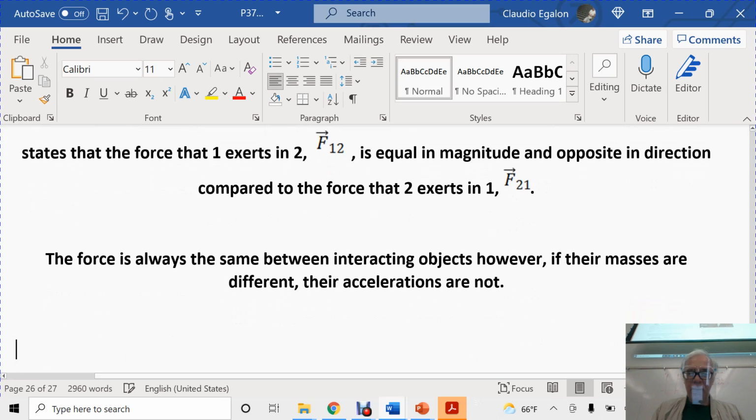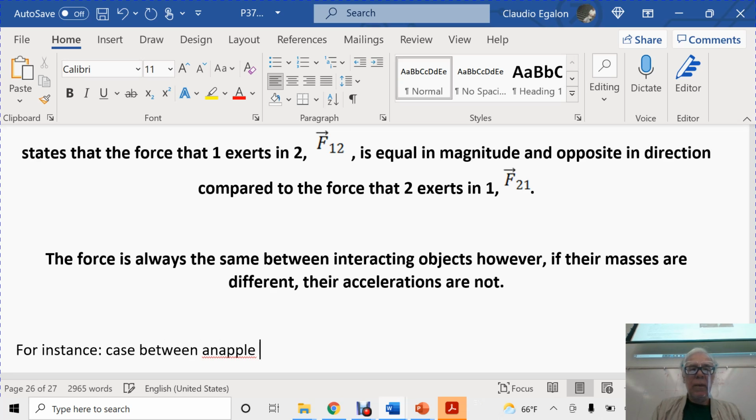For instance, take the case between an apple and Earth.